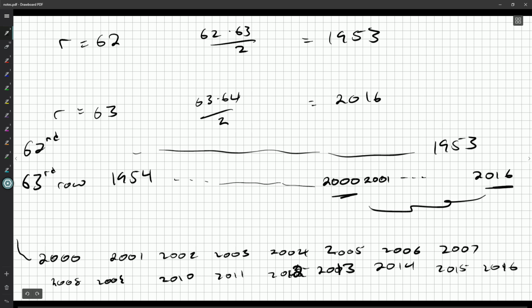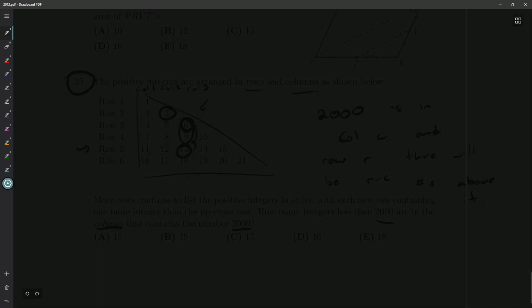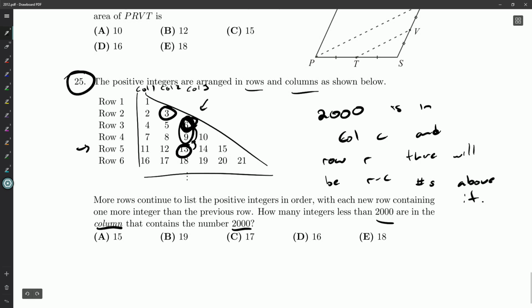Okay. So it's 2000, we know it's in the 63rd row, and 2016 should be in the 63rd column, right? Because remember, 6 is in the 3rd row, 3rd column. The last number is in the whatever row and whatever column.